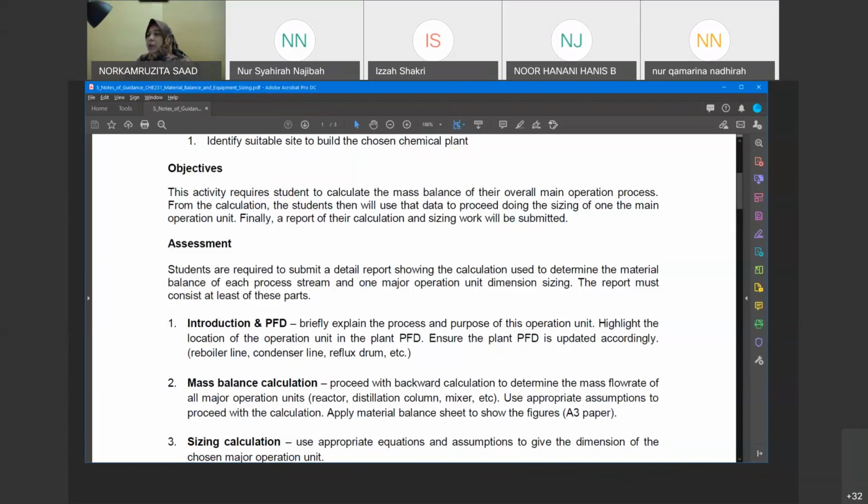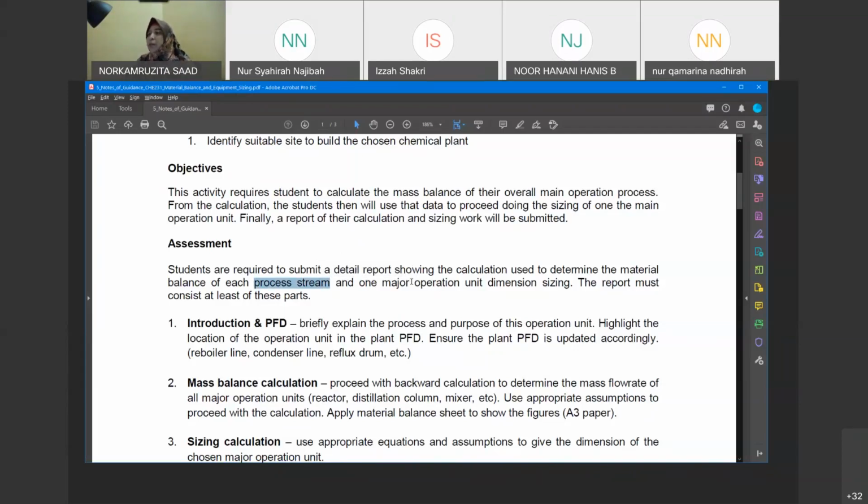Okay, so showing the calculation used to determine the material balance of each process stream and one major operation unit dimension sizing. Meaning that when you choose your equipment, there must be a major stream involved, which involves the inlet to the equipment and the outlet from the equipment.